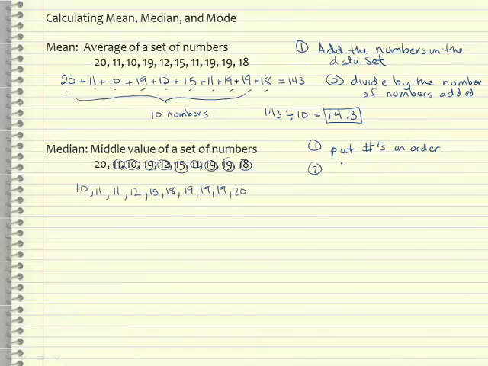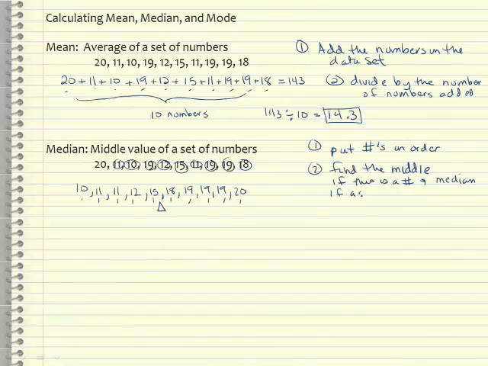Step 2 is to find the middle. Well, if I start on each end and move in towards the middle, the middle is right here. Okay, if the middle lands on an actual number, this is the median.